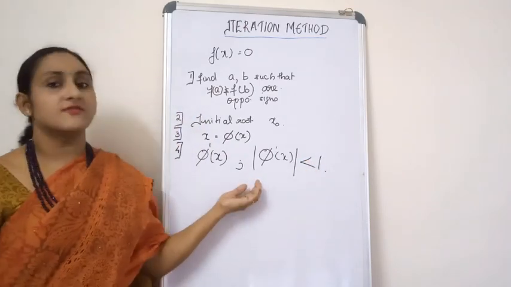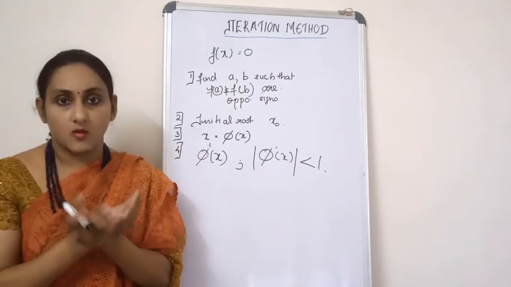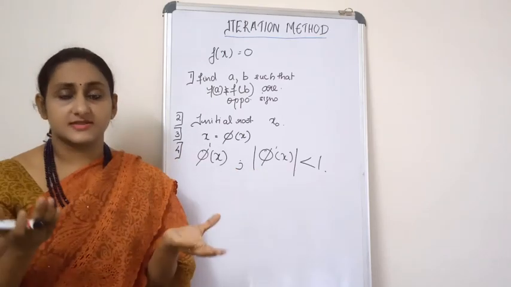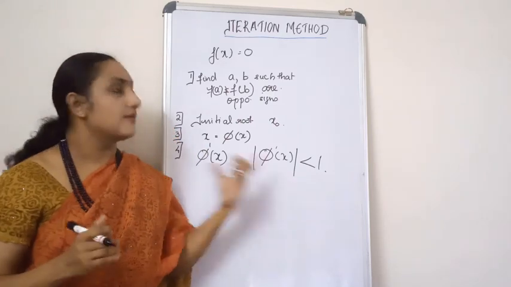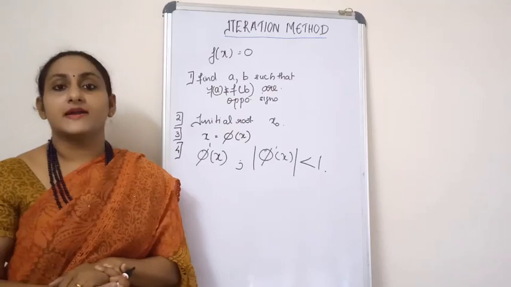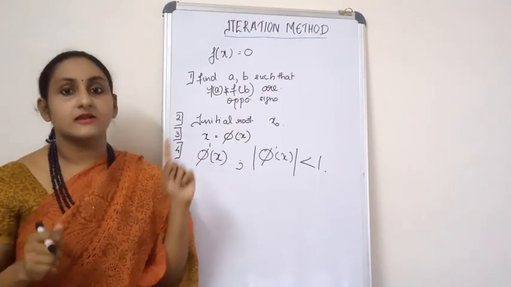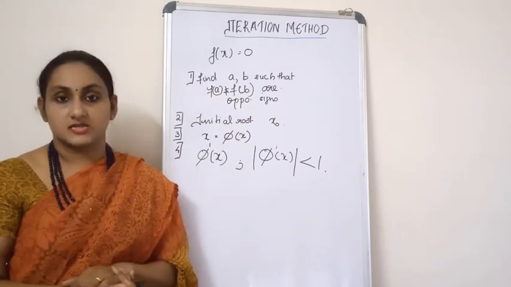That is, modulus of phi dash of x should be less than 1. I am only taking the quantity, I am not considering whether it is a positive or a negative quantity. That's why I have given the modulus sign, or the absolute value of phi dash of x should be less than 1. That is my only condition in the iteration method.